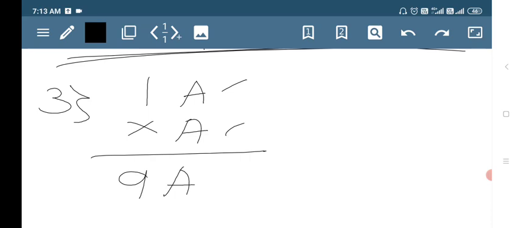If the value of A is equal to 1, 1 ones are 1, then it is 1. So, is it possible to get 9A? No. 2 2s are 4, we are not getting the same digit. 3 3s are 9, we are not ending with the same digit. Five fives are 25.